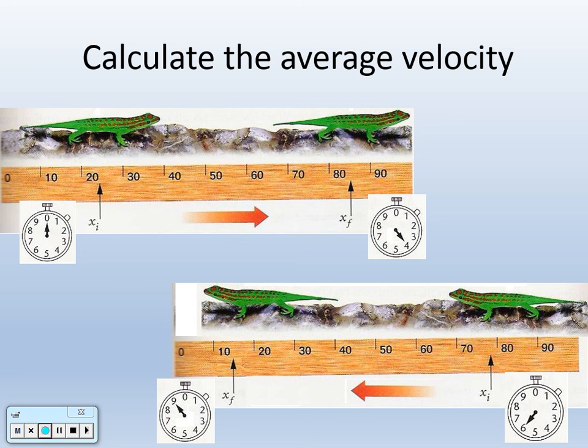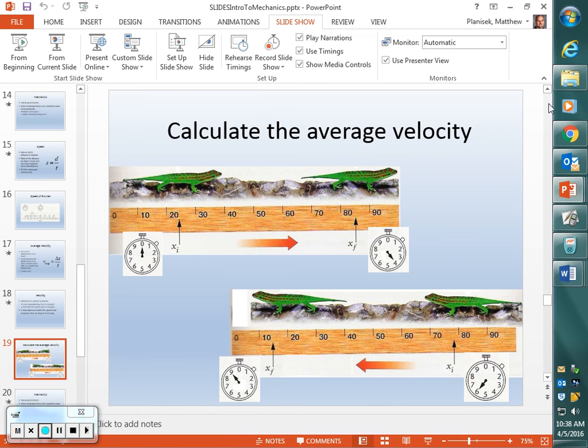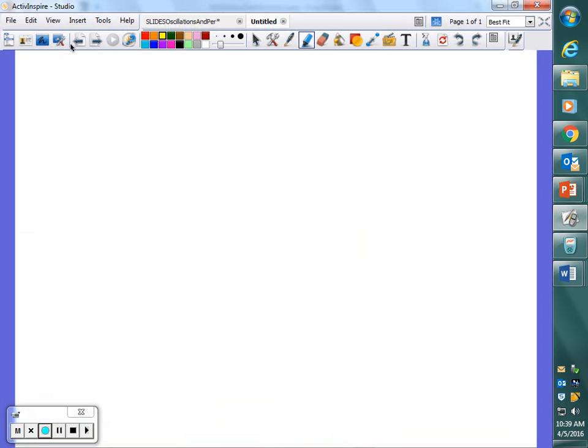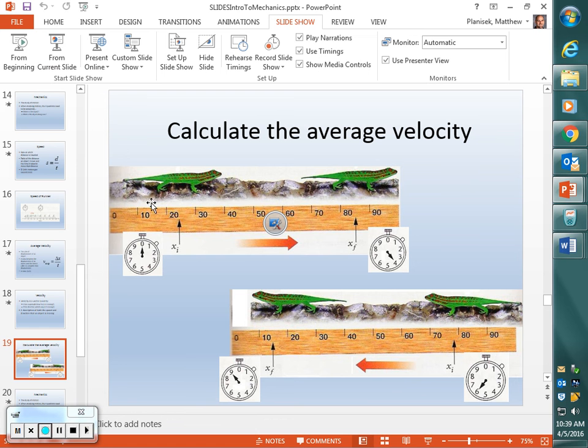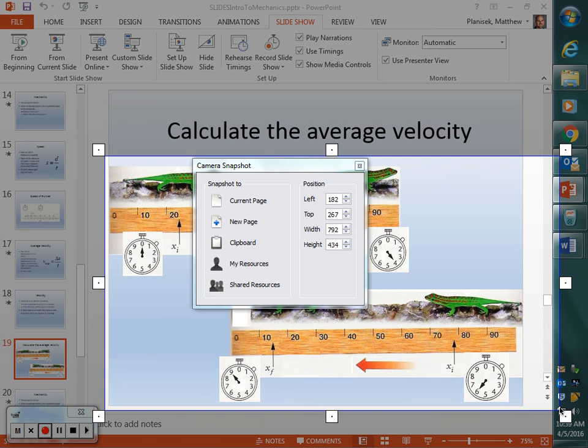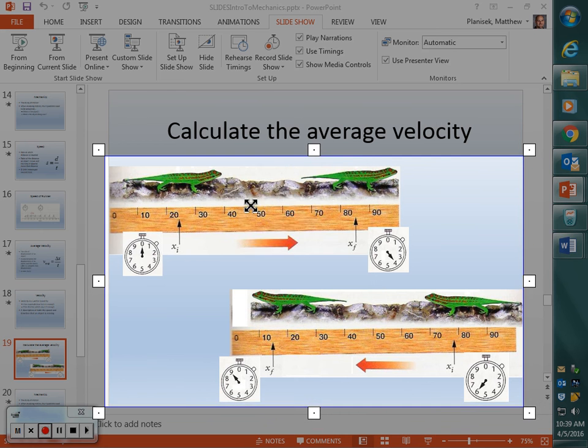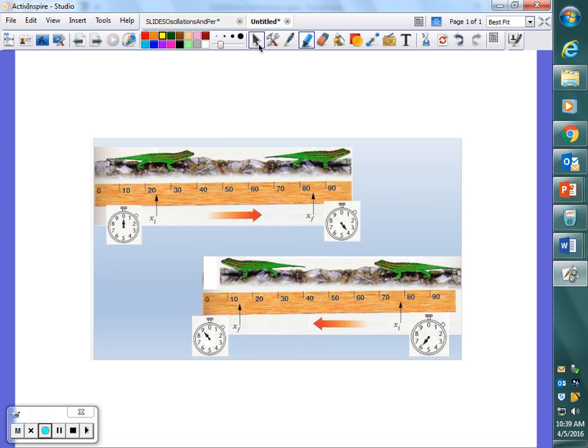Do you want me to do it real quick? Sure. All right, let's do this real quick. So here are these two lizard pictures, okay?